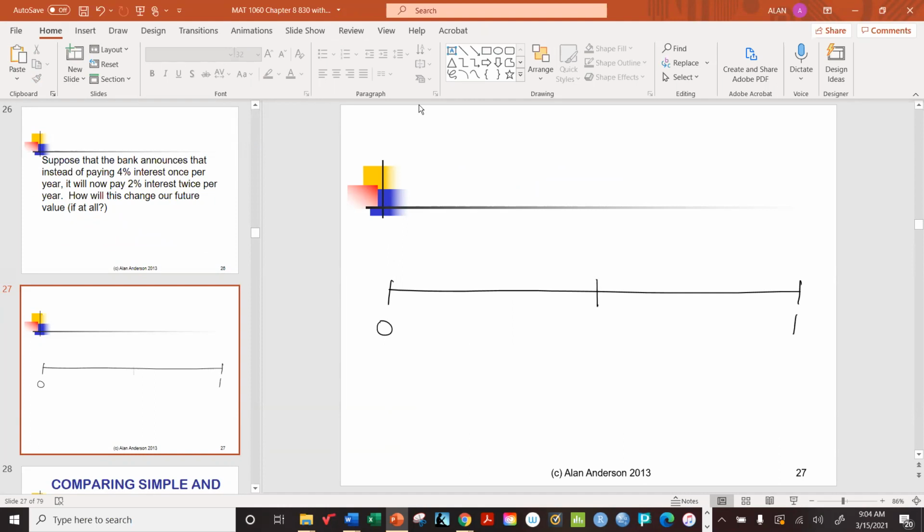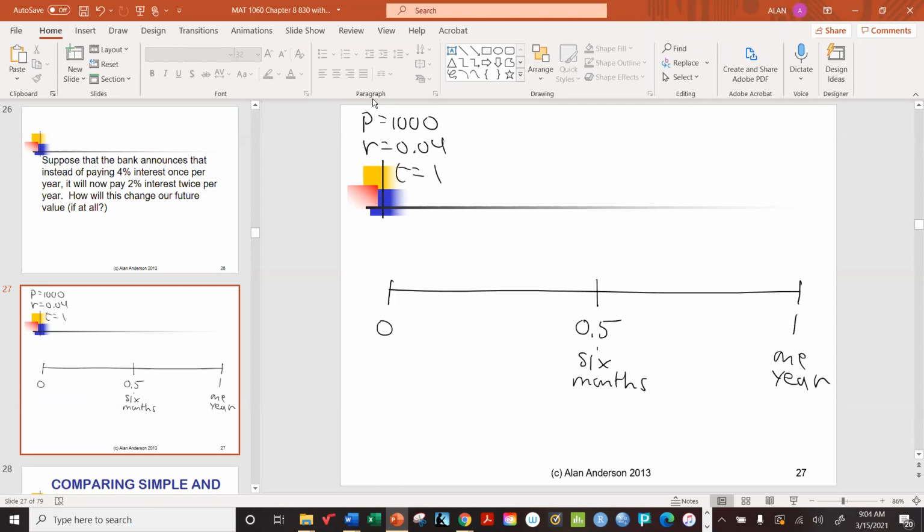Now we need another time step, 0.5, which is 6 months in the future. One is still 1 year. Now remember, the principal is 1,000, and the rate of interest is 4%, and this is a 1-year investment. So the question is, how much will we have in our account at the end of 6 months?